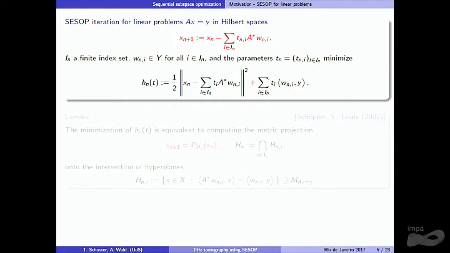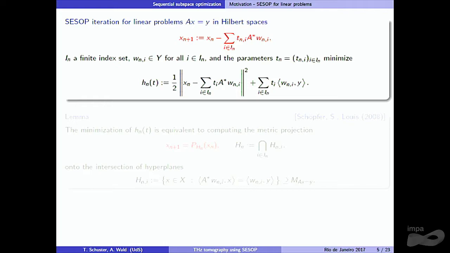It's an iterative method where the new iterate is computed from the old iterate, x_n, by a linear combination of search directions, which are in the range of A star.